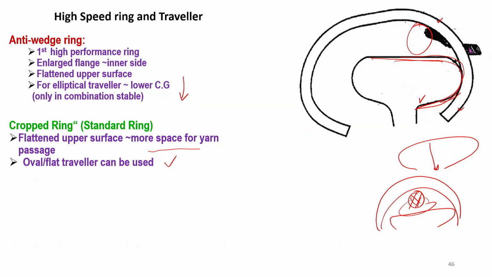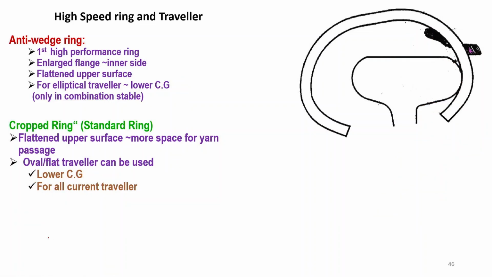Why? Because we have to reduce the center of gravity to have stable movement. It offers more space as compared to the anti-wedge ring, and the cropped ring is the most widely used.